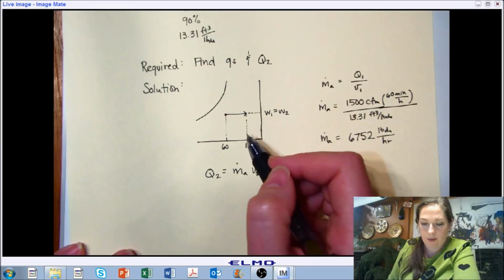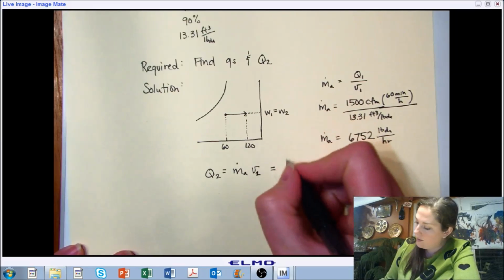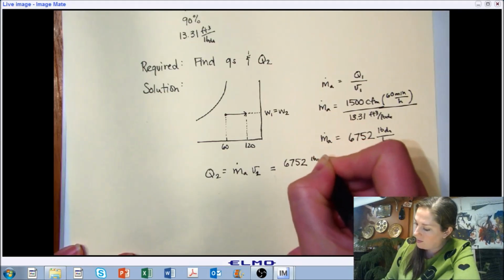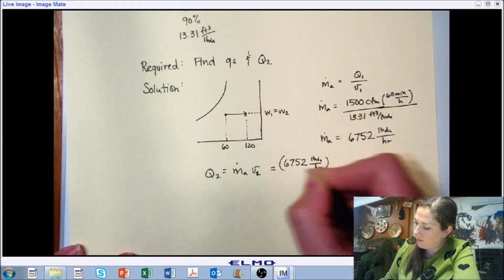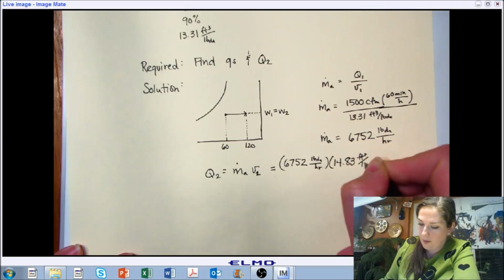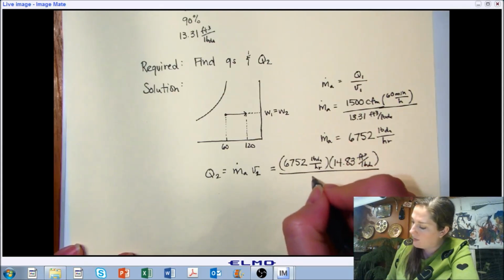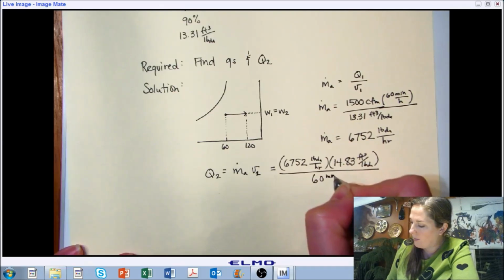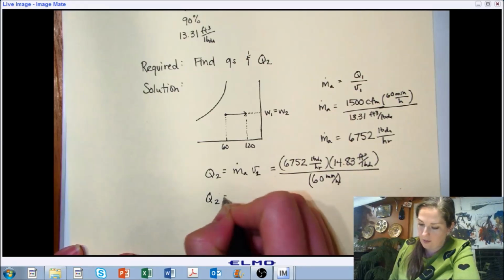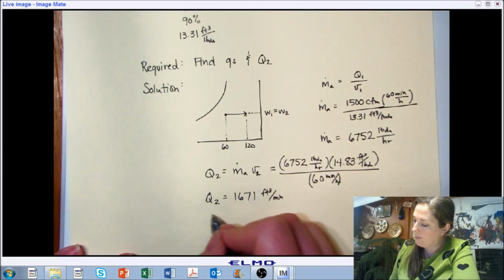So that's 6,752 times 14.83 cubic feet per pound of dry air, divided by, again, we can convert back if we want to, and get 1671 cubic feet per minute, or CFM.